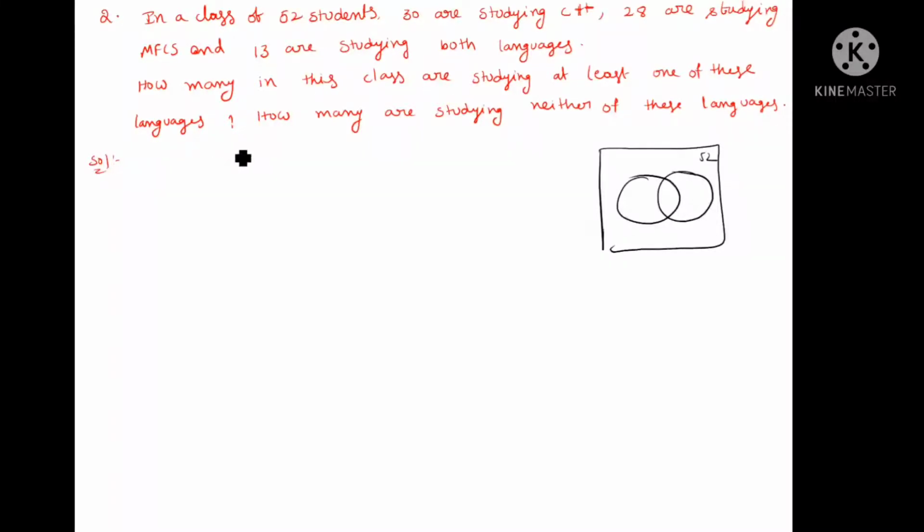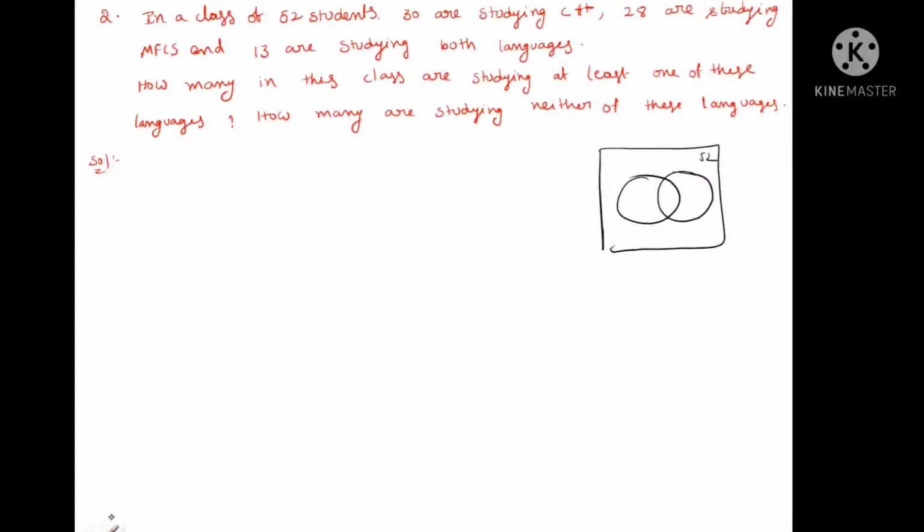At least one means minimum one subject, either MFCS or C++, or both.